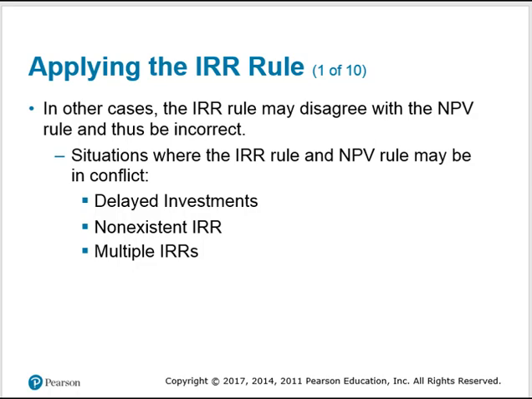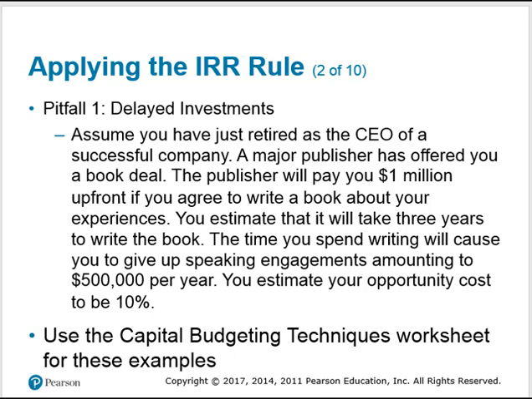There's no internal rate of return that you can find. And then there are times when we'll have multiple internal rates of return. That is, there's more than one return that's possible given the formulas that we talk about. So the first one, the first pitfall that they talk about, is what happens when we have a delayed investment, right?